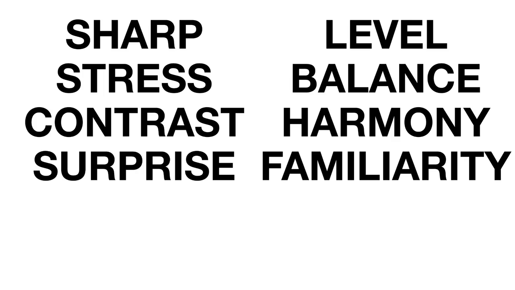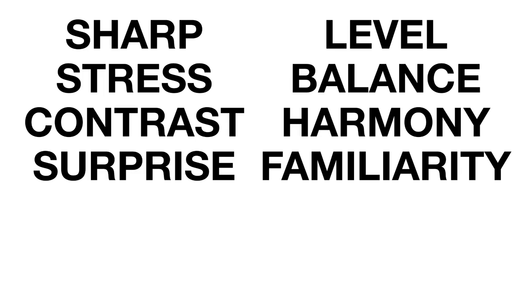A sharpening approach to composition will make use of asymmetry, a strong axis or sense of direction, making objects feel off balance. A leveling approach to composition will move towards greater stability and balance. Think symmetry or sense of alignment. Sharpness favors contrast, while leveling is about harmony.